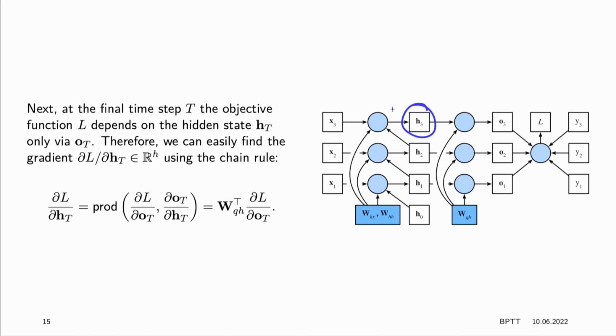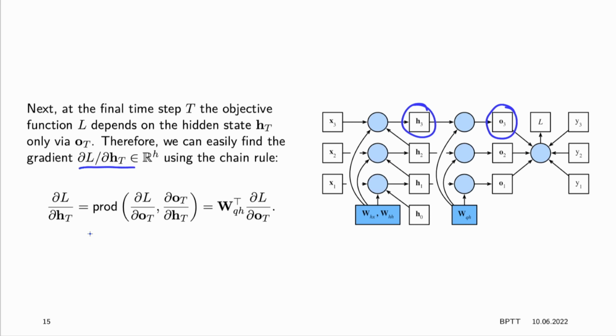Next, we can compute at the final time step, capital T, the objective function L, which depends on the hidden state H_T only via O at capital T. For that reason, we can easily compute the gradient ∂L/∂H_T transpose using the chain rule.